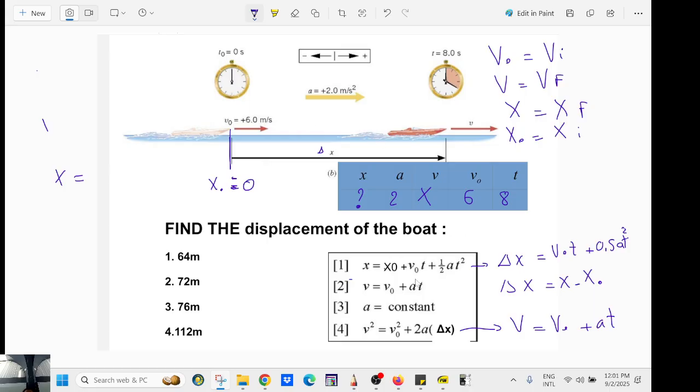And the initial velocity is 6, times 8, plus 0.5 times 2, times 8 squared. Do you agree? Is that 48 plus 64?